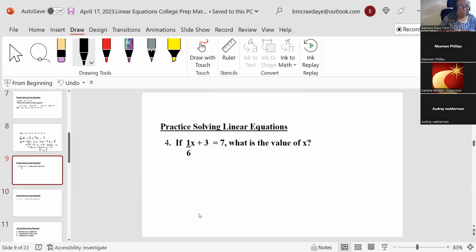Okay. I want you to solve this one. I'll give you a few minutes to solve 1/6x plus 3 equals 7. What is the value of x?